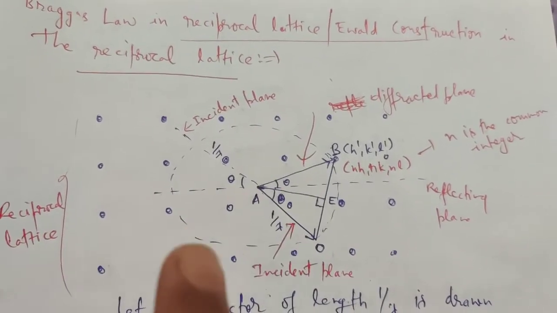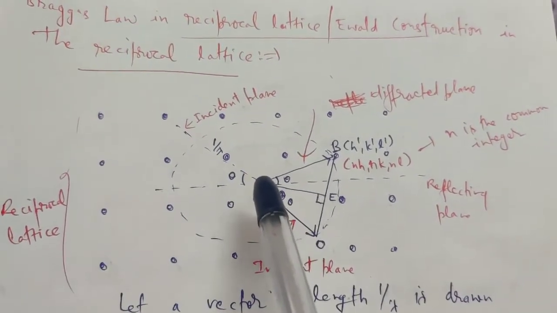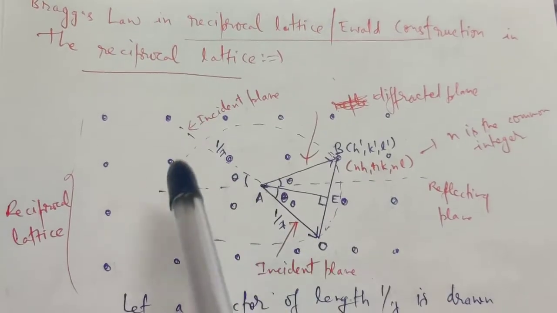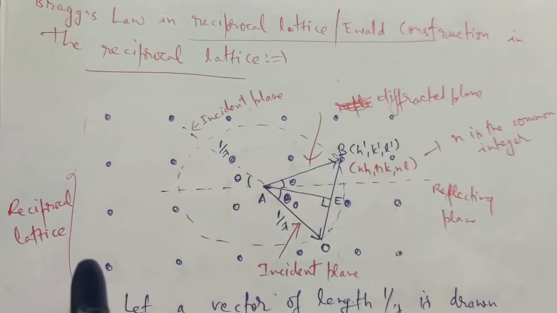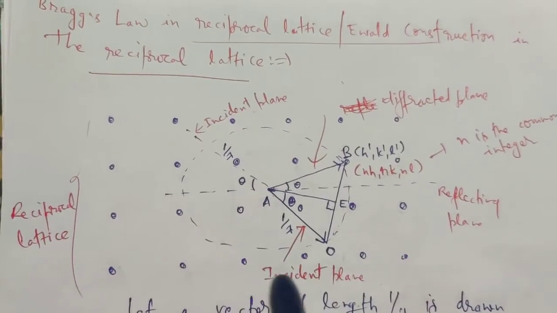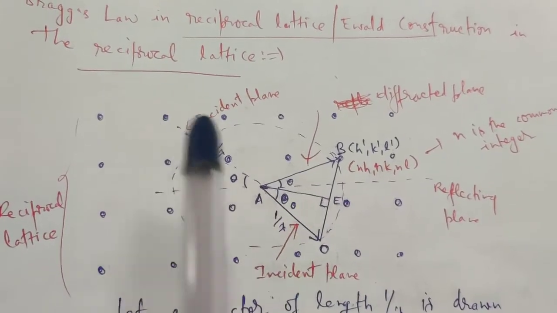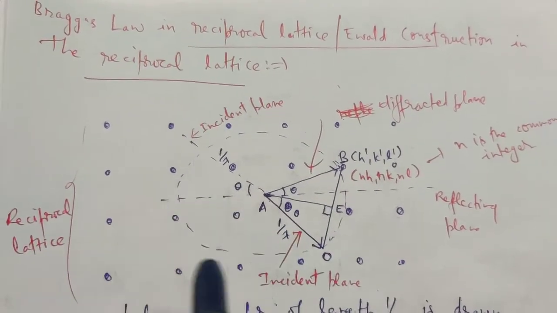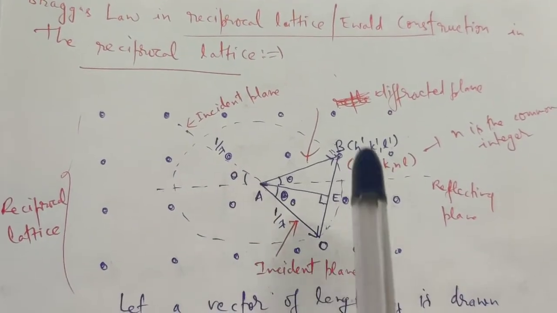Taking A as the center, we will draw a circle in this reciprocal lattice. Since this is a 2D reciprocal lattice, this will be a circle. If you take a three-dimensional reciprocal lattice, then this will be a sphere.